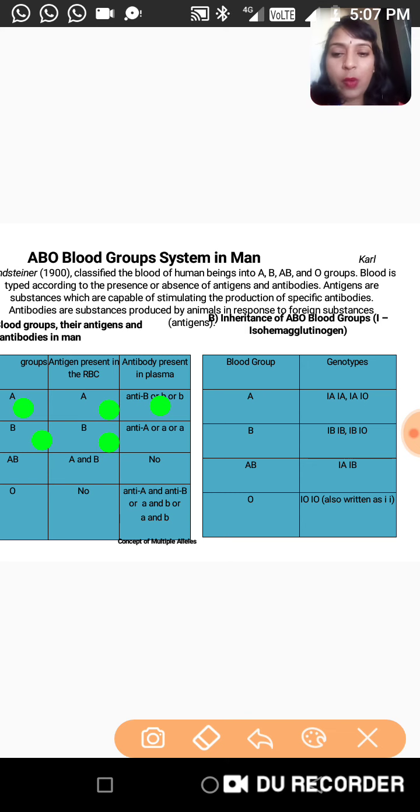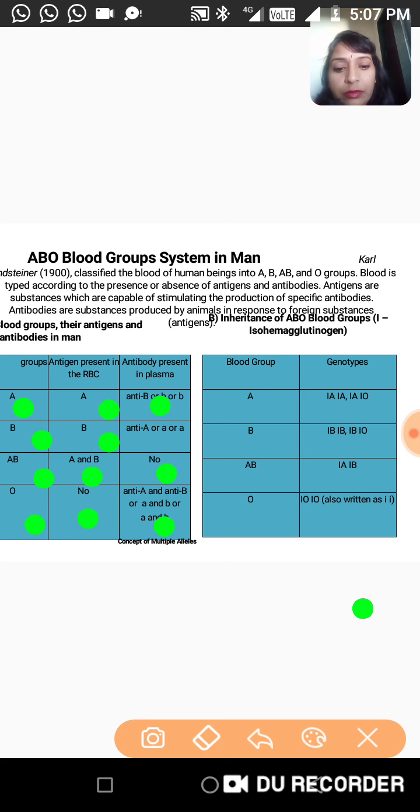Now if the blood group is AB, then antigens A and B are both present on the surface of RBCs, and no antibodies naturally exist in the blood. If there is blood group O, that means there is no antigen, and there will be antibodies A and B in the blood of such a person, right?